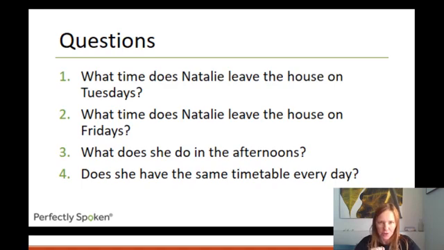Remember in lesson 2 we did the times. If you don't remember, you can go back to lesson 2 and have a look. Okay, and what does she do in the afternoons? Okay, so I pick my children up from school.